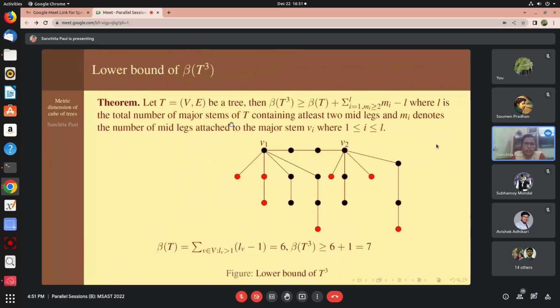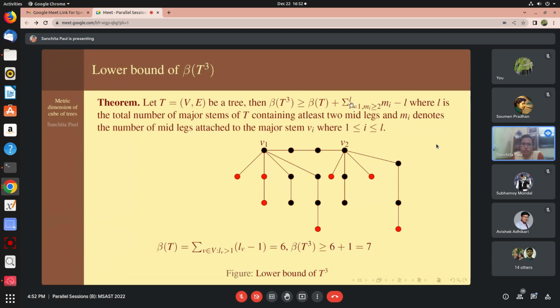Now, next we move to the lower bound of beta of T cube, which is actually beta(T) plus the summation of m_i minus L, where L is the total number of major stems of T containing at least 2 mid legs, and m_i is the number of mid legs attached to every major stem v_i, where a mid leg is nothing but a leg of length 2. So here in the case of v_1, you can see that there are 2 mid legs attached.